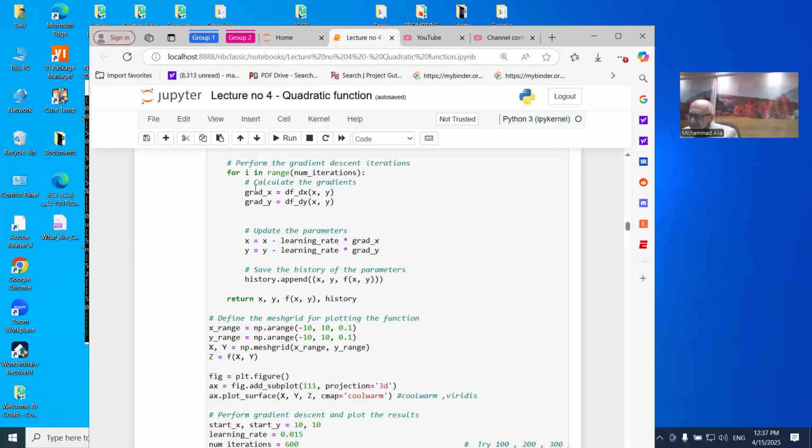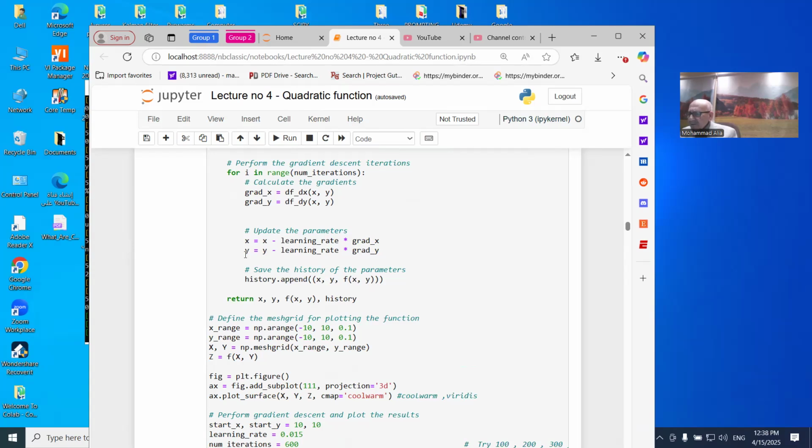Now gradient x will be multiplied by the learning rate, and their product will be subtracted from the value of x to get a new value of x. This is the old value, which was 10. The same thing applies for y. So we have the gradient by y multiplied by the learning rate, and the product will be subtracted from y to get the new value of y.